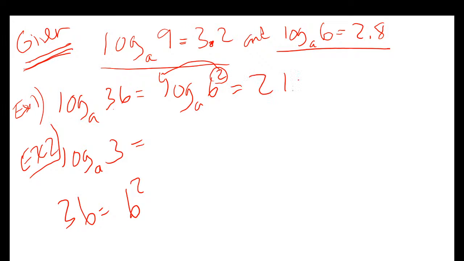So it's going to be 2 log A 6. Well, do I know what log A 6 is equal to? Log A 6 is equal to 2.8. So it's 2 times 2.8, which gives me 5.6. And that is your answer.